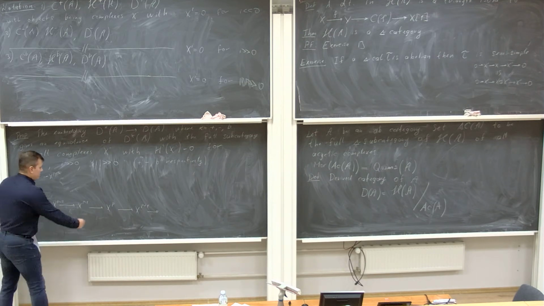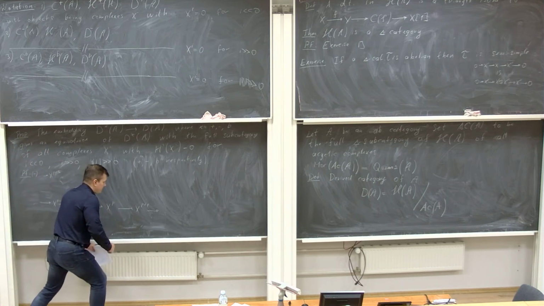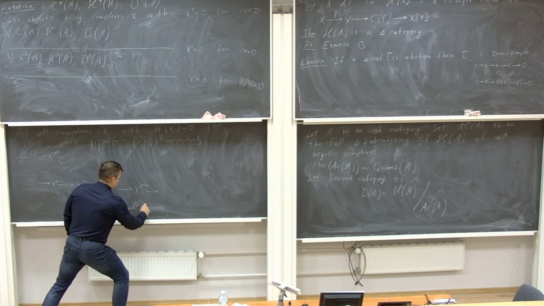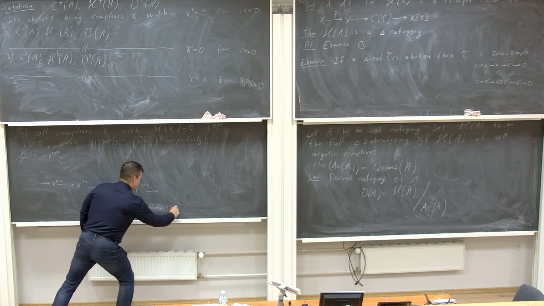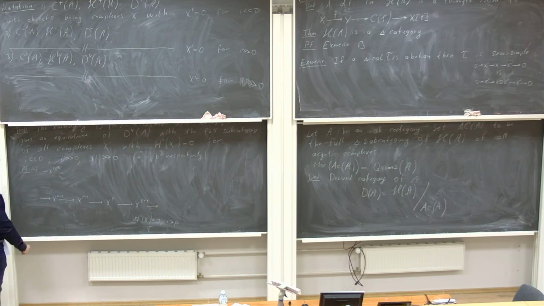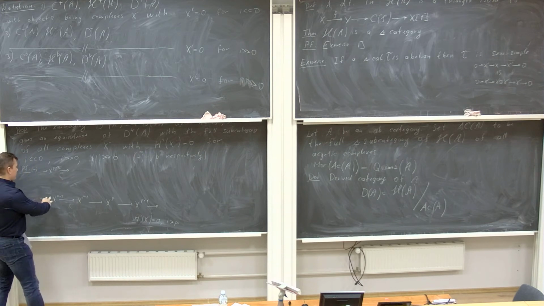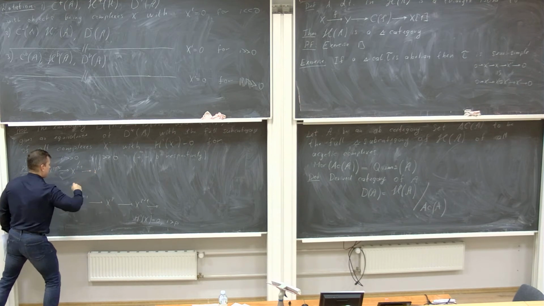This p is the last position where I have some non-trivial cohomology. So I assume that the cohomology H^i(X) is equal to 0 for i larger than p. But now I can take the truncation of this complex. I take the same elements as before, starting from minus infinity up to X^p.